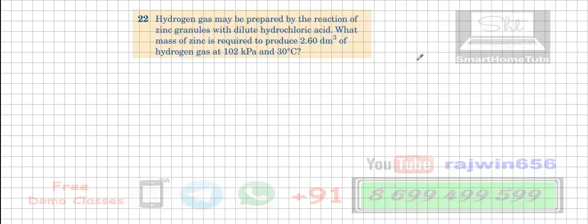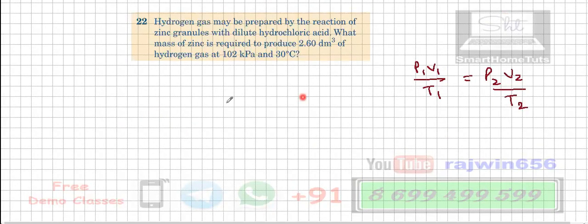So P1 V1 upon T1 is equal to P2 V2 upon T2. Okay, so the original pressure given to us is 102 kilopascals multiplied by the original volume, 2.6 dm cube.